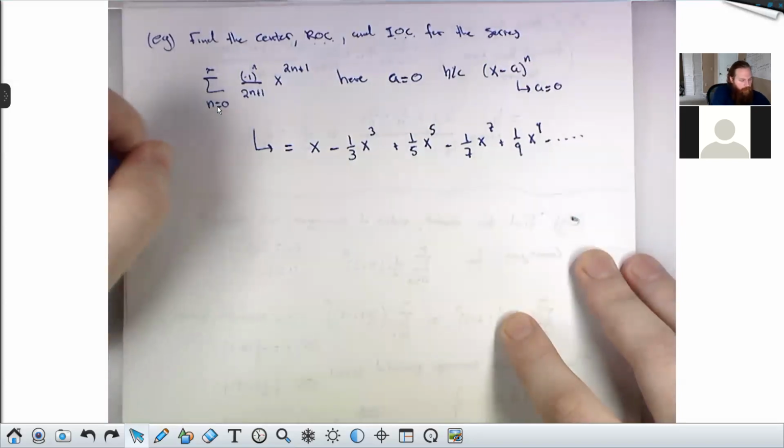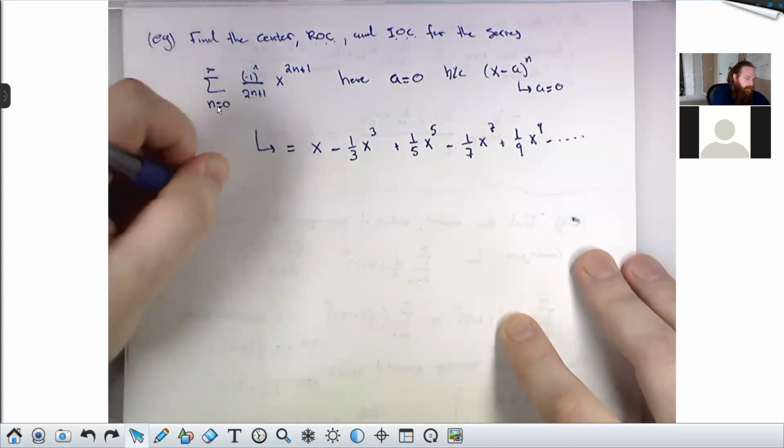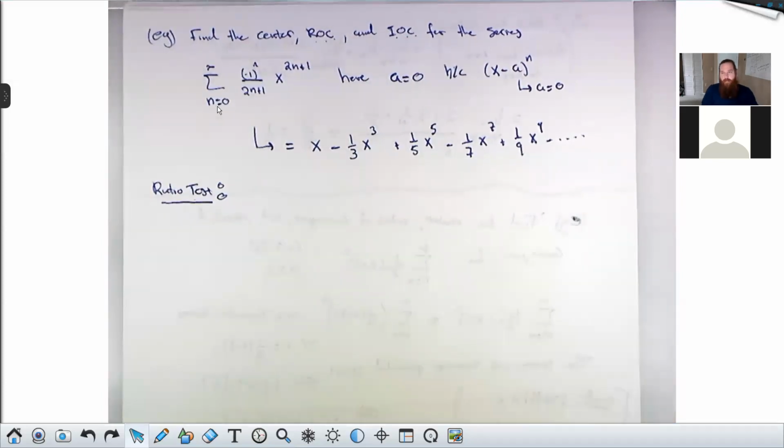If the series happens to be exactly geometric, you can do what we did on the last example. But otherwise, if you're looking at a power series and you want to find radius or interval of convergence, you'll pretty much always use the ratio test.